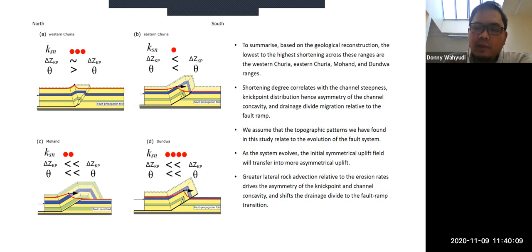As the system evolves, the initial symmetrical uplift field, demonstrated by the Western Churia here, will transfer into a more asymmetrical uplift, as demonstrated by the Mohan and Dunwa range. Greater lateral rock advection relative to the erosion rates drives the asymmetry of the knickpoint and channel concavity and shifts the drainage divide to the fault ramp transition. So, that's all.